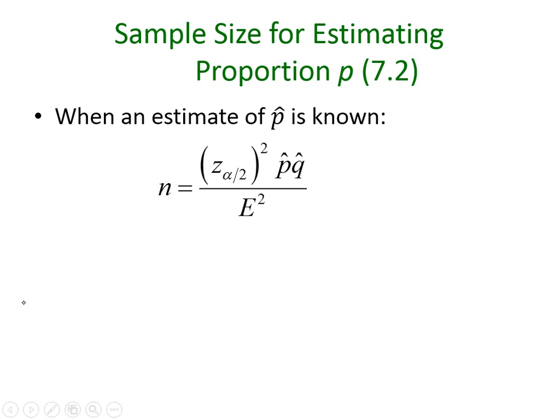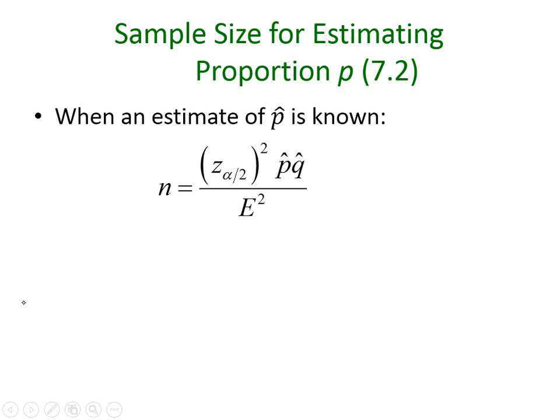And so if I wanted to know how big is big enough, the things that matter are: what am I allowing my margin of error? Do I want to be off by 3%? Do I want to have a possibility of being off by 5%? What is that margin of error? What's my confidence level? Do I want to be 90% confident, 95% confident, 99% confident?